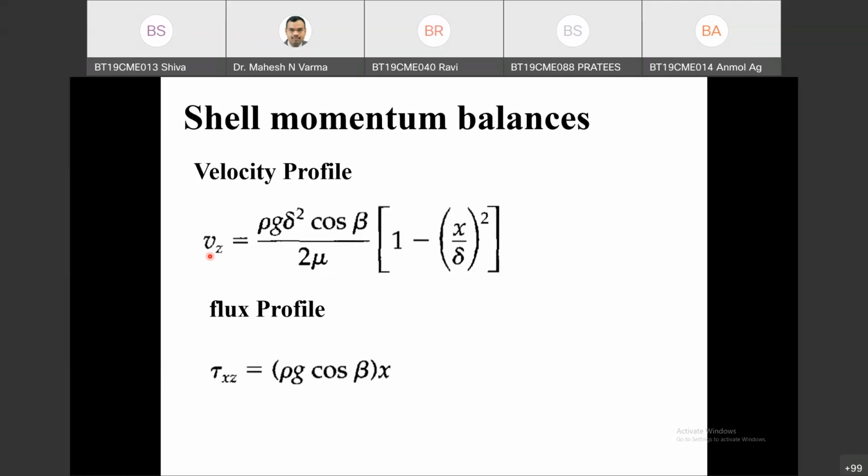If I have velocity in x direction, velocity in y direction and velocity in z direction, and all three velocities vary in all three directions, how many boundary conditions are needed?